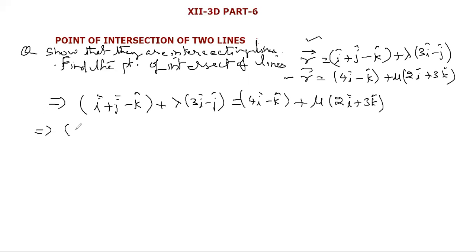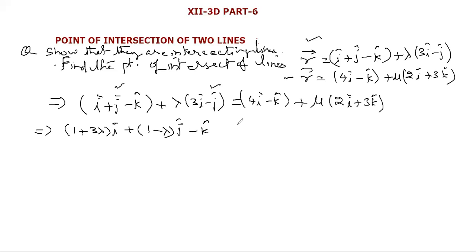Now you can write the coefficients of i: 1 plus 3 lambda, and j is 1 minus lambda j, because this is j and this is j, and minus k.